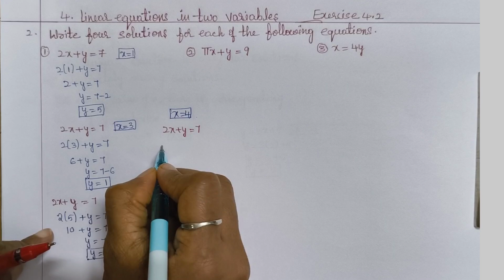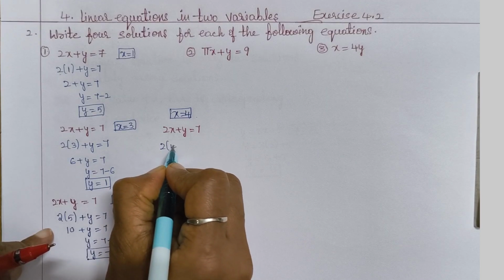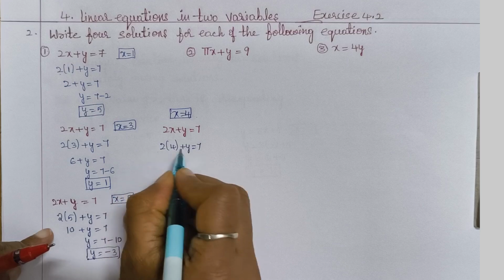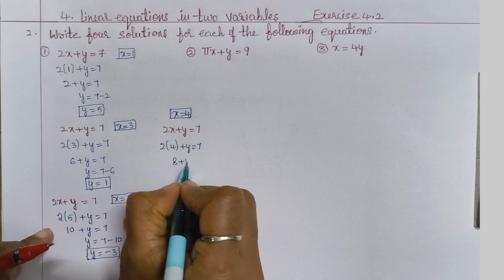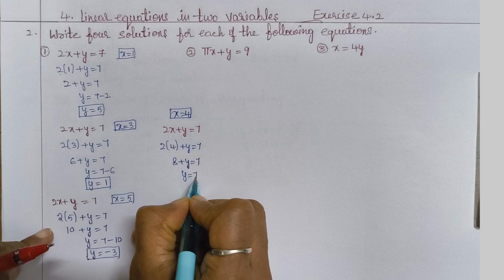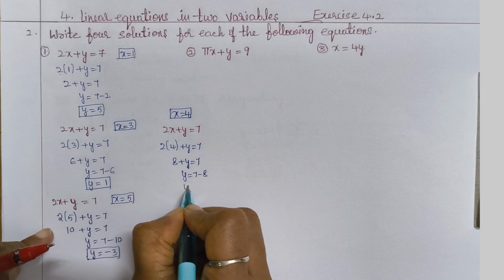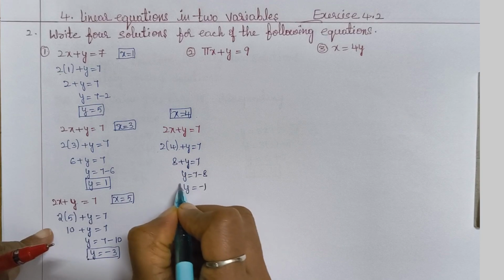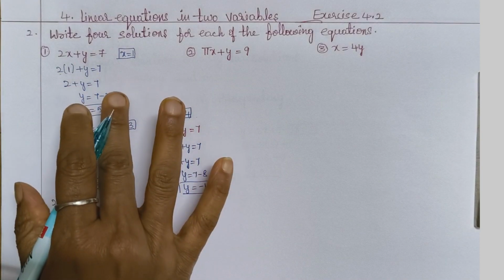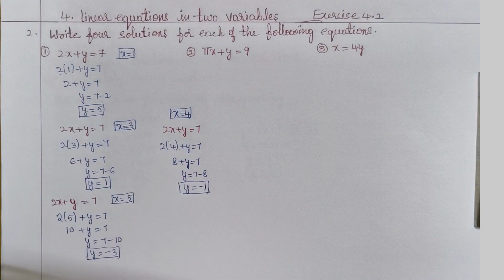See here, I am taking 4. 2 into 4 plus y is equal to 7. 2 fours are 8 plus y is equal to 7. So y is equal to 7 minus 8. So what will you get? Minus 1 you will get. This is the answer. Like this, whatever x value you take, you will get the y value. This is finished.